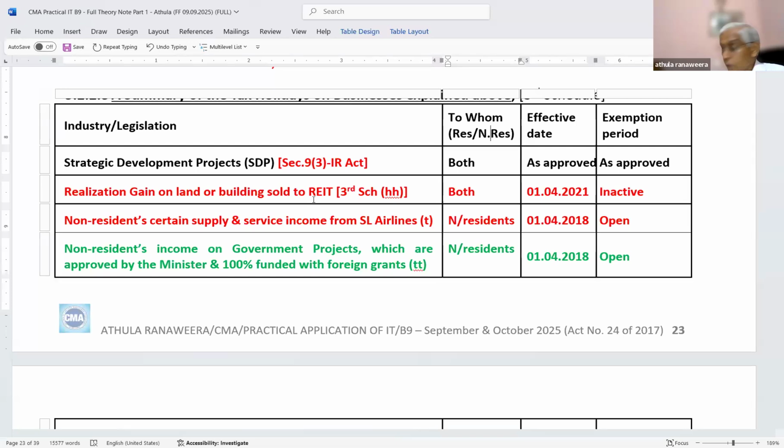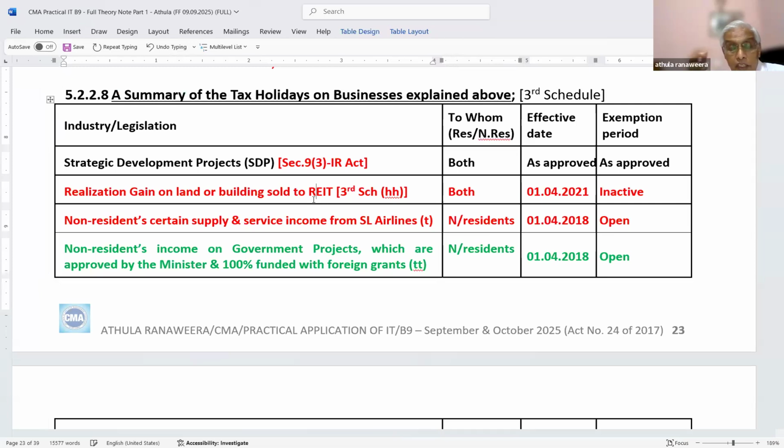To secure these prospective buyers of apartments, the government thought to allow, under the tax law, any company to register in the Colombo Stock Exchange as a real estate investment trust.